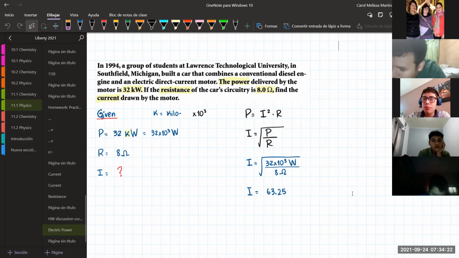Now, in what units do we measure current? In amperes. Okay?